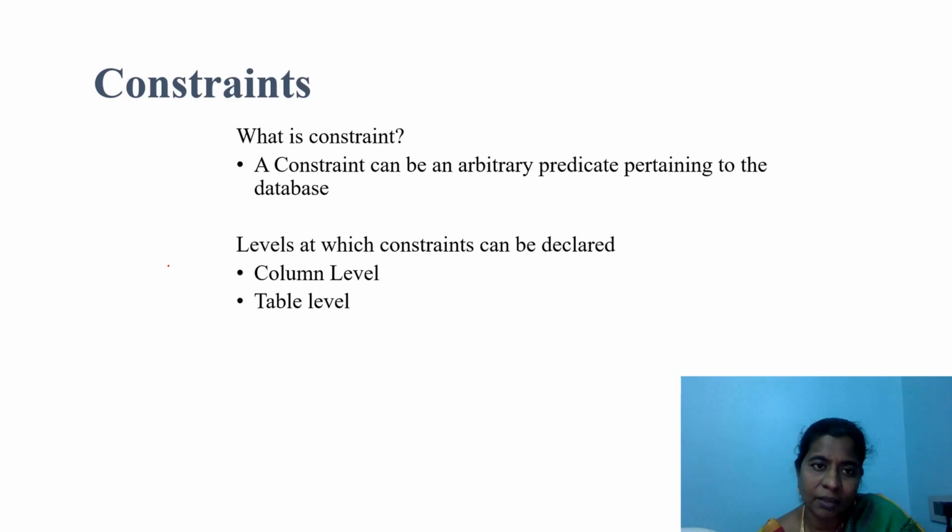Before that, we'll see what a constraint is and what the different types of constraints are. A constraint can be an arbitrary predicate pertaining to a database. Predicate means some condition, and constraints can be declared at the column level or at the table level.